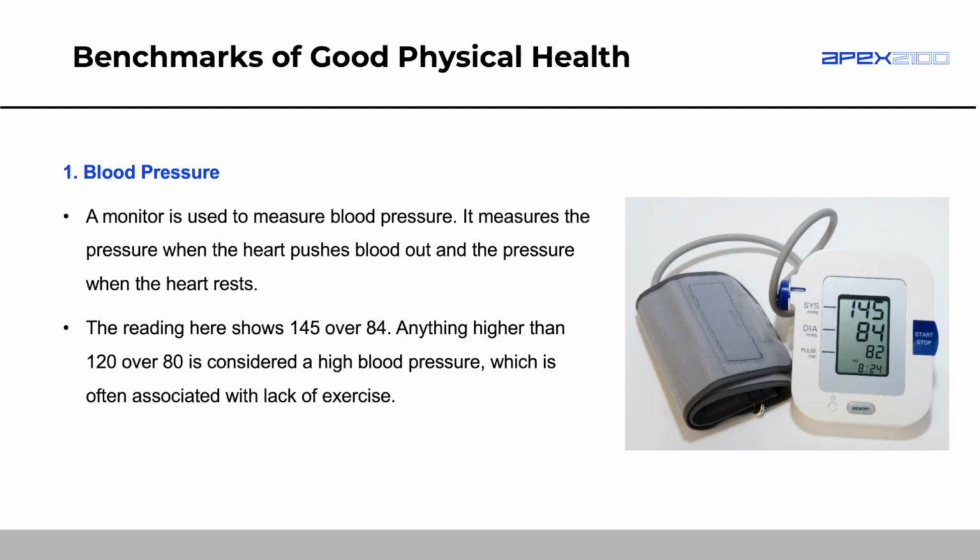In order to measure blood pressure, you put the cuff on your arm and the machine squeezes it tight and gives you a number. You can see in the picture here, it says 145/84. That is classified as high blood pressure, which is called hypertension. And hypertension is associated with a lack of exercise and a bad diet. So again, it's a lifestyle issue for the most part.